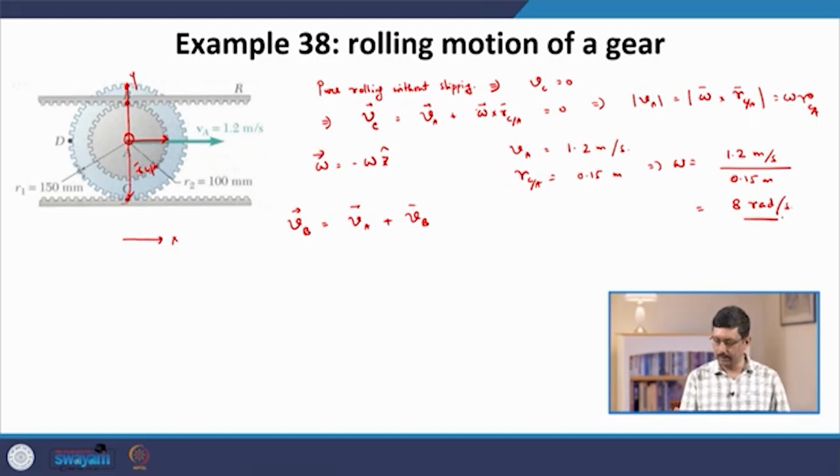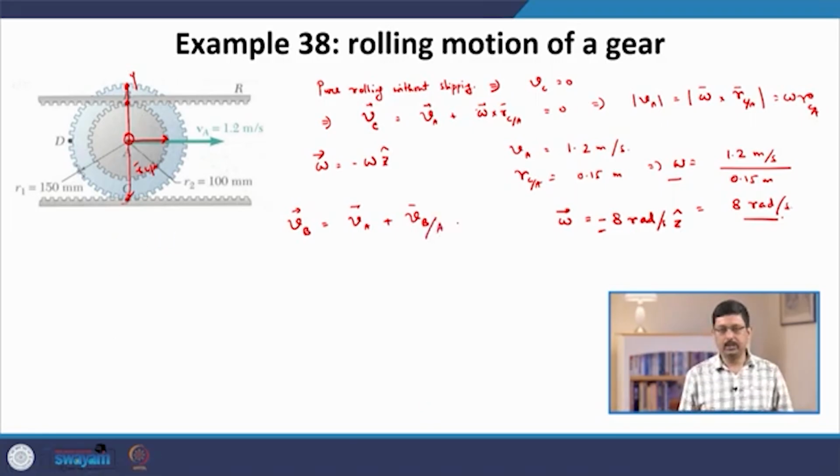Just to clarify, this is the magnitude of the angular velocity. In vector notation, the angular velocity vector will be in the z direction, and this minus sign denotes that it is going into the plane.